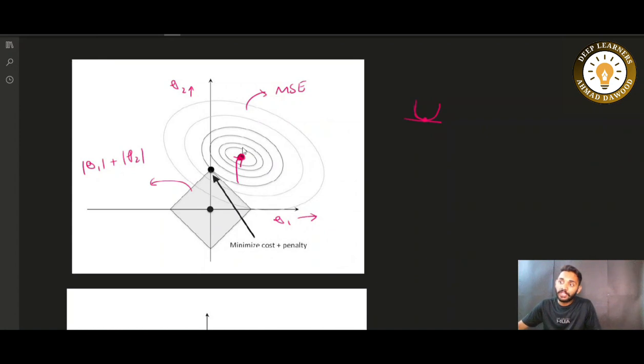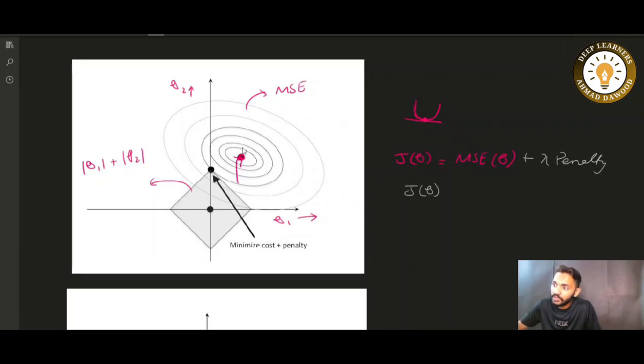Now as we have added some penalty to that function, our function is not this one anymore. We have added some penalty with some value of, let's say, lambda. So now our g of theta will be minimum at a different place.